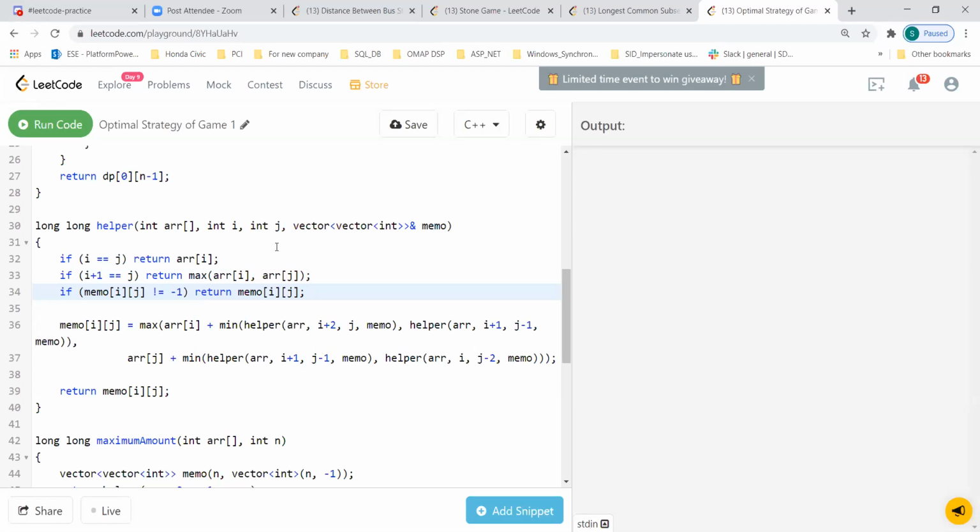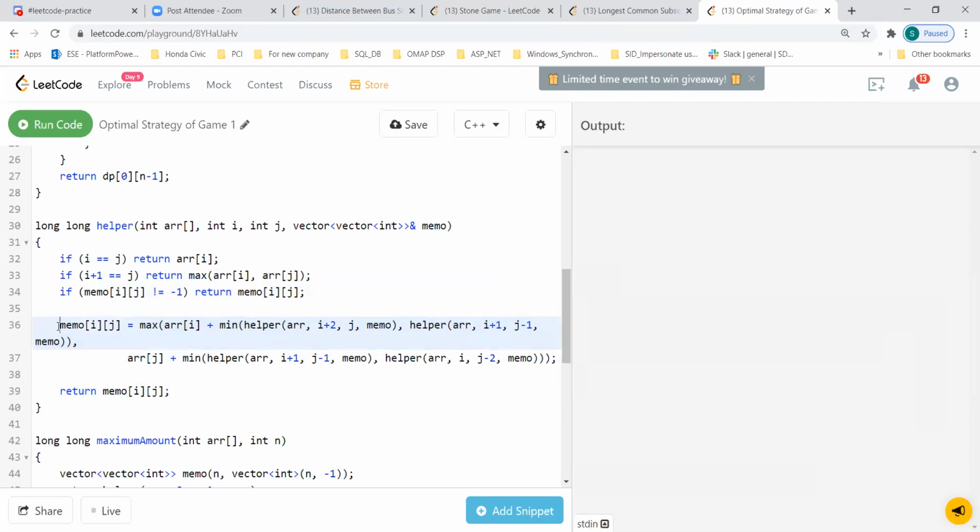But if they still say it has to be solved the DP way, then this will be one way to think of it. In our case, we are not asked to return the values, but we can return the number and compare if it is greater than half the value of the total sum of the stones. So it will always be true in that case, that is for sure.